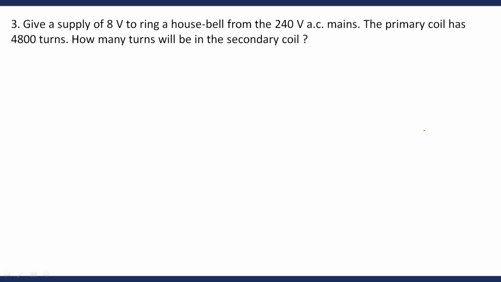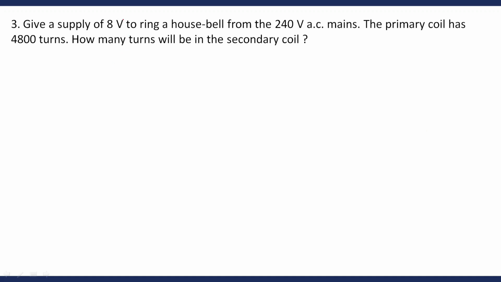The next question is, give a supply of 8 volt to ring a house bell from the 240 volt AC mains. The primary coil has 4800 turns. How many turns will be in the secondary coil? The same formula we will use once again.